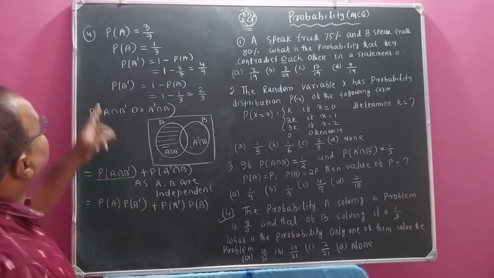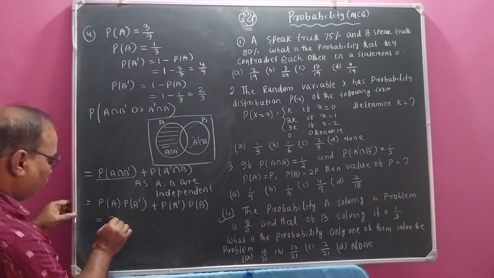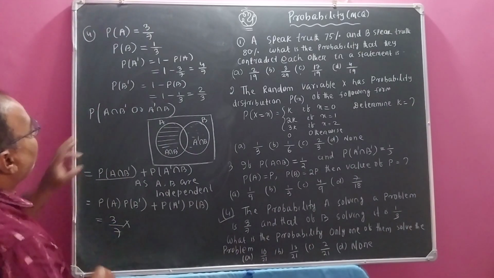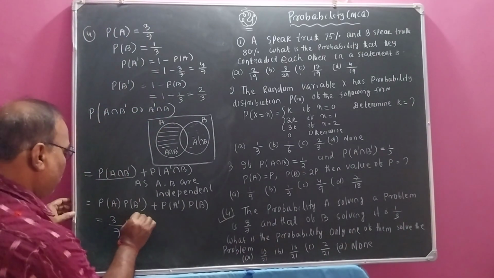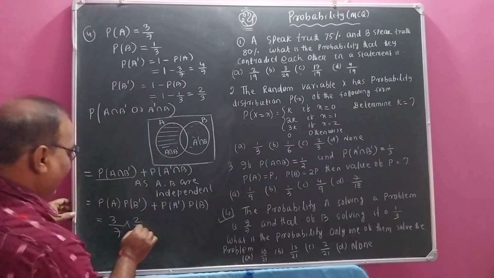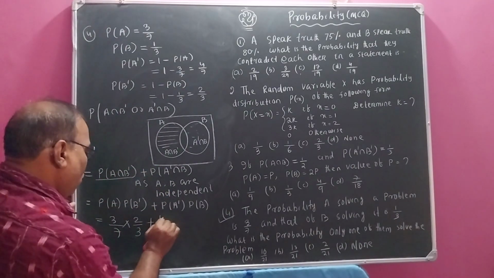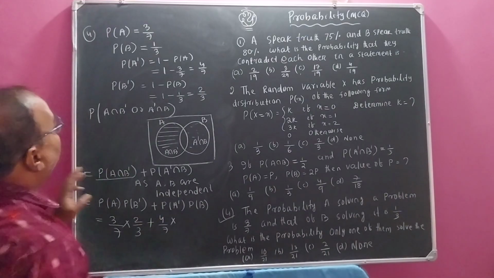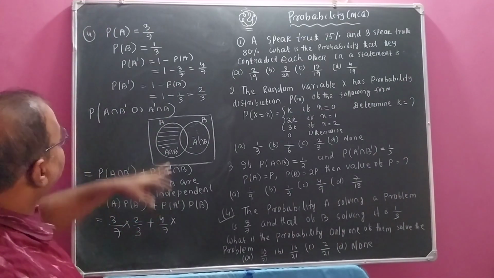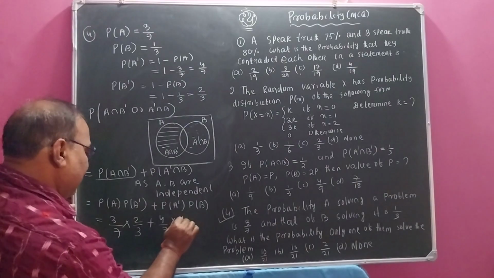So probability of A is given 3/7. Here probability of B dash is coming out 2/3. Here probability of A dash is 4/7, into probability of B, which is given 1 by 3.